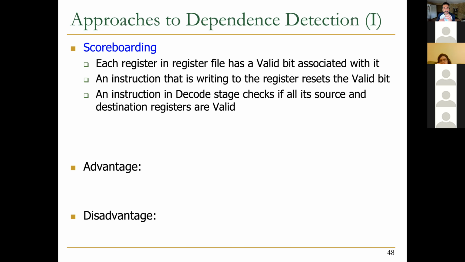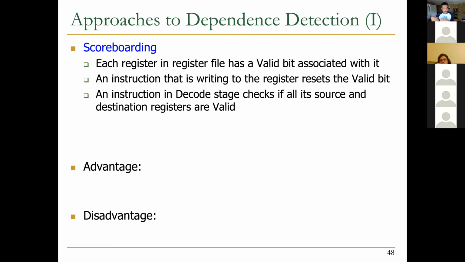An instruction in the decode stage checks if all its source and destination registers are valid, because in the next stage these values are forwarded for execution.